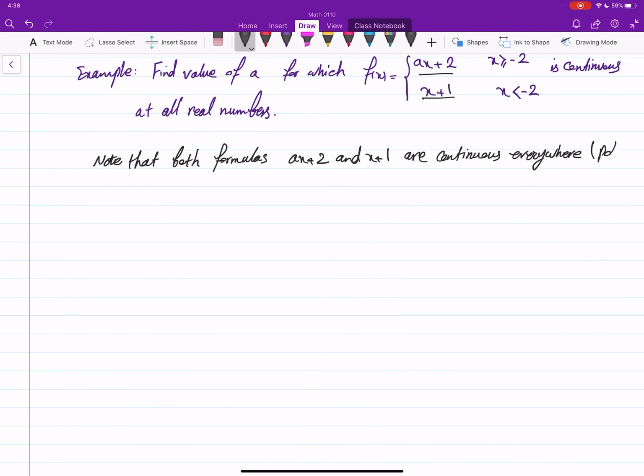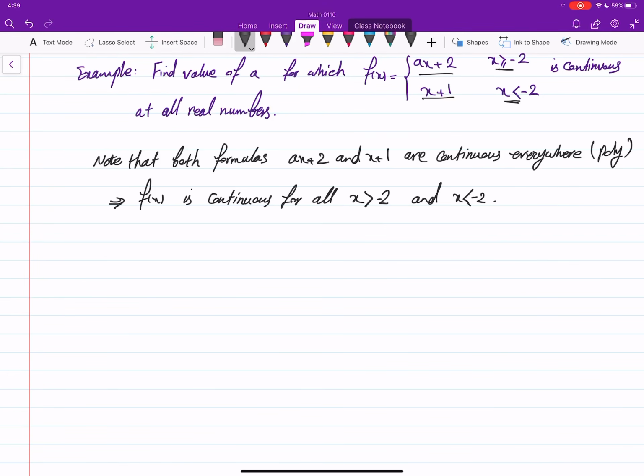Because these are polynomials. Doesn't matter what a is. Whatever you put for a, it's going to be a polynomial. Polynomials are continuous everywhere. But these formulas only give values for x bigger than or equal to -2 and less than -2. So this means that as a result, f of x is continuous for all x's bigger than -2 and less than -2.